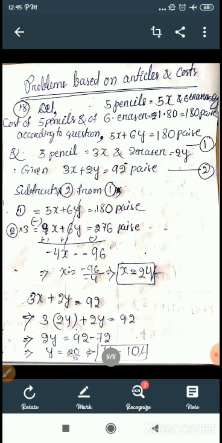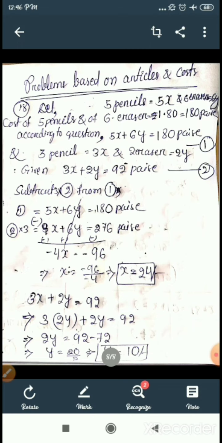Let us take the cost of one pencil is x and the cost of one eraser is y. So the cost of 5 pencils will be 5x and 6 erasers will be 6y. Okay, and according to the question, 5x plus 6y is rupees 1.80, that means 180 paise.